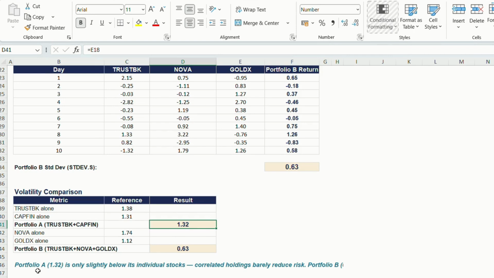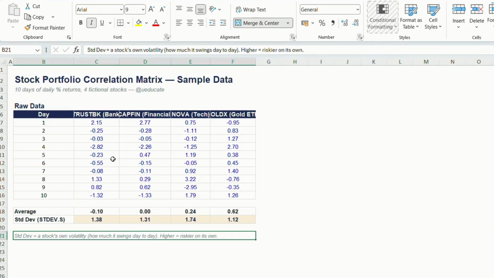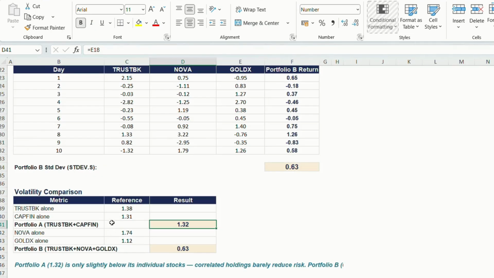Portfolio A's volatility is barely different from holding each bank stock alone, because in our first workbook we calculated the individual standard deviation, like their own risk. When we take the two related bank stocks, it barely changes.